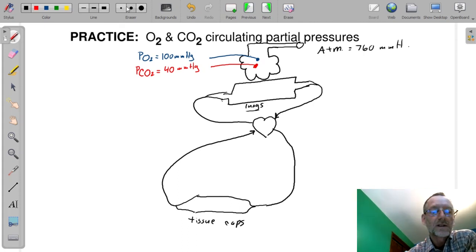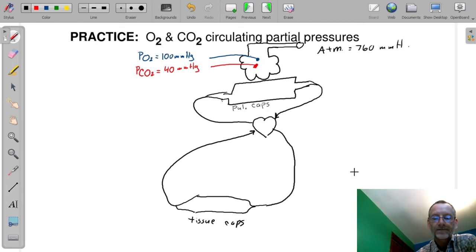Oh, no, this isn't the lungs. I just drew the lungs. Sorry. These are the pulmonary capillaries. Pulmonary caps.